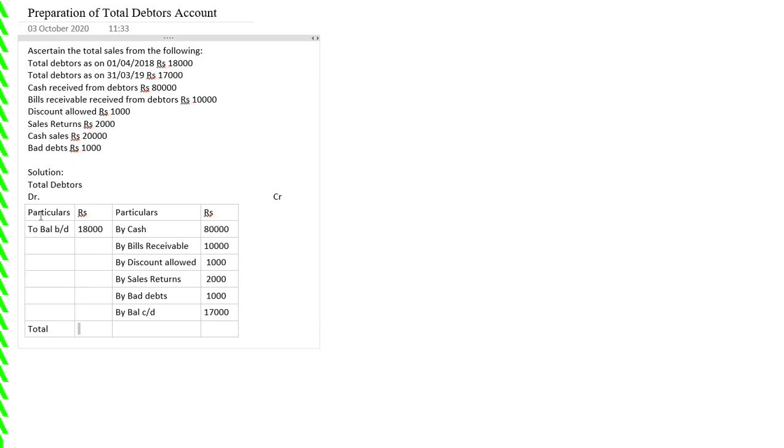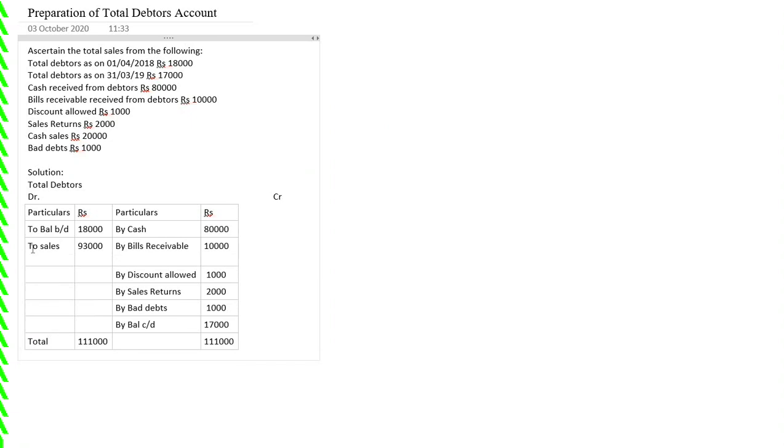So it will be here 1,11,000. So when you write down the same here, 1,11,000. So the difference here will be 93,000, which is nothing but the credit sales. So we can write here to sales or credit sales. So in the bracket write down here balancing figure.